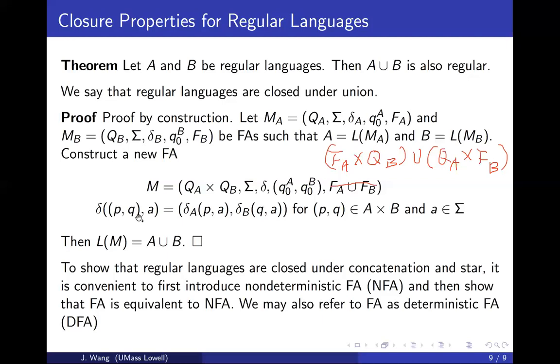Then the transition will be straightforward. Let's say your current state is the pair P and Q. Your input is A, and then what you go to is delta A on P and A, and delta B on Q and A. That will be your next move. Of course, these machines will accept the union of A and B. For any input, if one of these finite automata accepts it, then it accepts it.